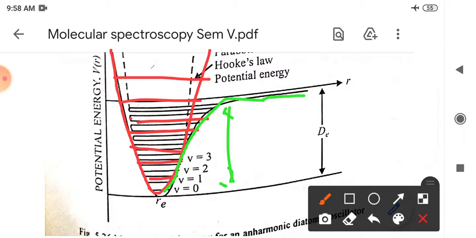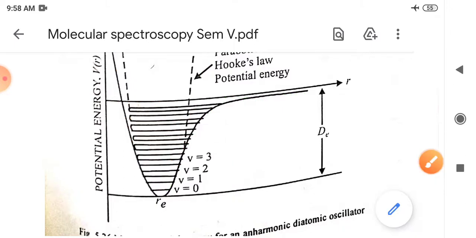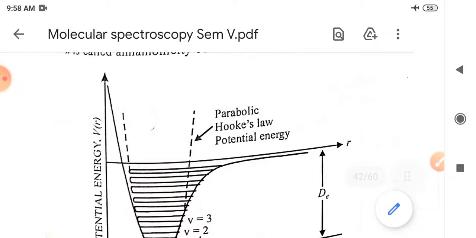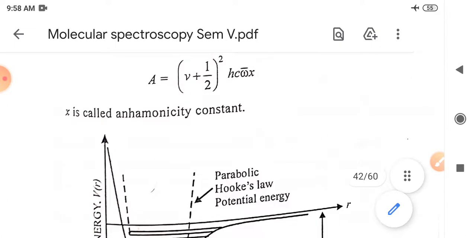If we stretch the molecule to a specific distance, the molecule will break down, and we won't get the vibrational motion of the given molecule, because the atoms of that bond will move independently of each other.